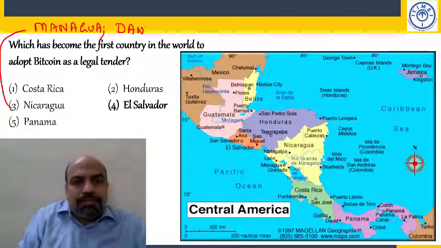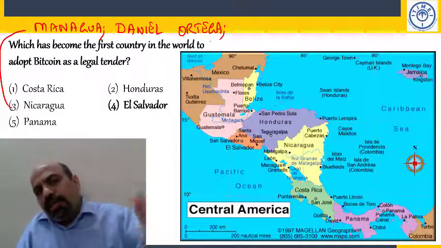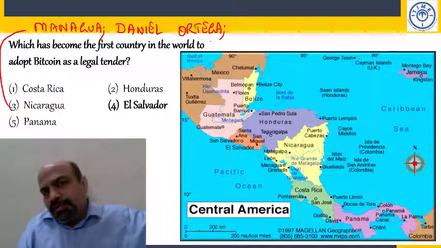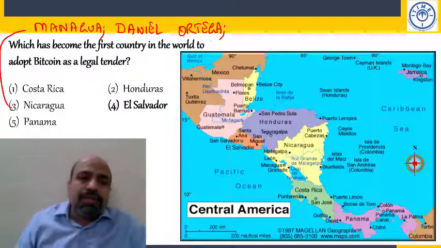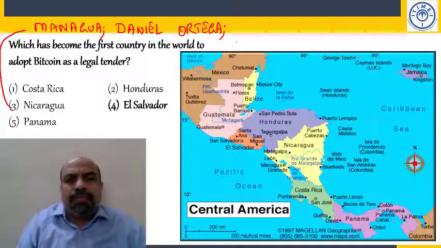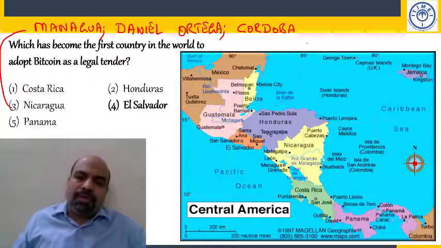Daniel Ortega. This was a guy in the 1980s as the leader of the rebel movement, and now he's the president. He has been president for a long time now. Daniel Ortega. And the currency he uses is Cordoba.